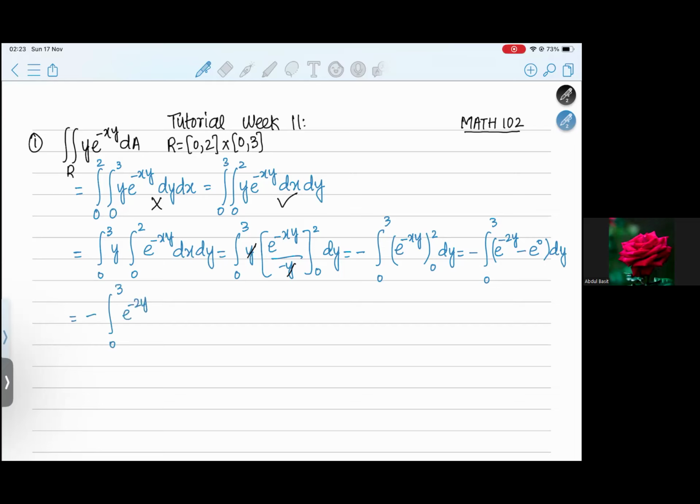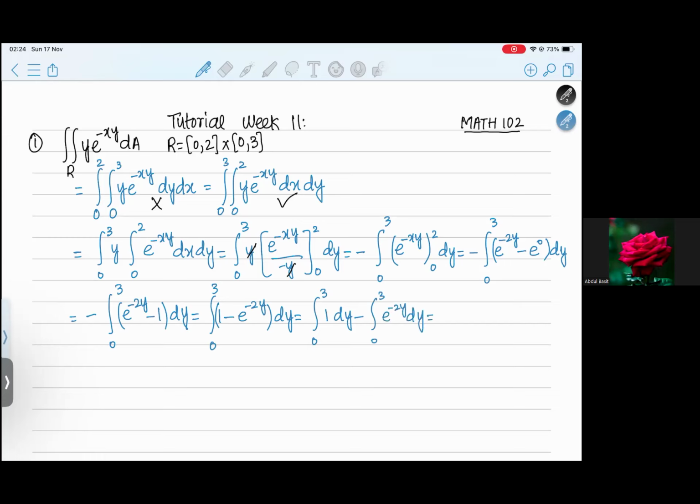So e to the power minus 2y minus 1 dy. Taking the negative inside the integral, I can just write this as 1 minus e to the power minus 2y dy, and splitting the integral, I get the integral from 0 to 3 of 1 dy minus the integral from 0 to 3 of e to the power minus 2y dy.